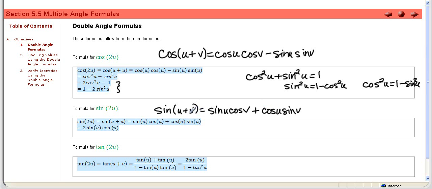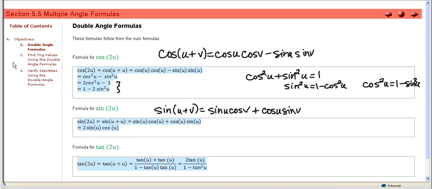So likewise, if we make a replacement with the v of another u, we get the formula sine u cosine u plus cosine u times sine u. Well, those two expressions are identical, right? They're like terms, so we can combine them to get 2 sine u cosine u.